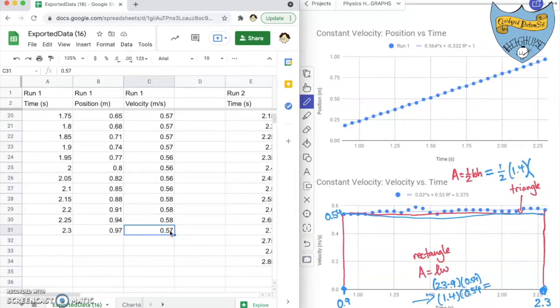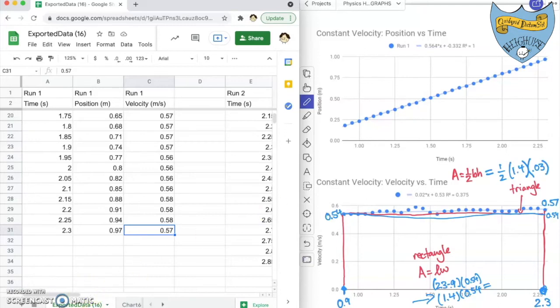I'll just go with the number from the table, 0.57. Now, that 0.57 is not the height of my triangle. It's a skinny little triangle, right? The height actually is 0.03, that would be 0.57 minus 0.54. So 0.03. Right, got to subtract those two to come up with the height of the triangle.